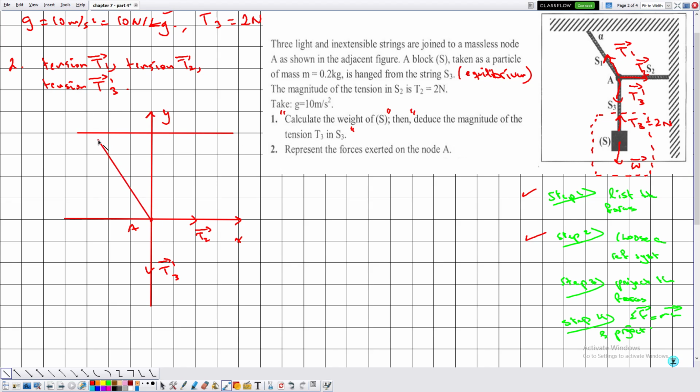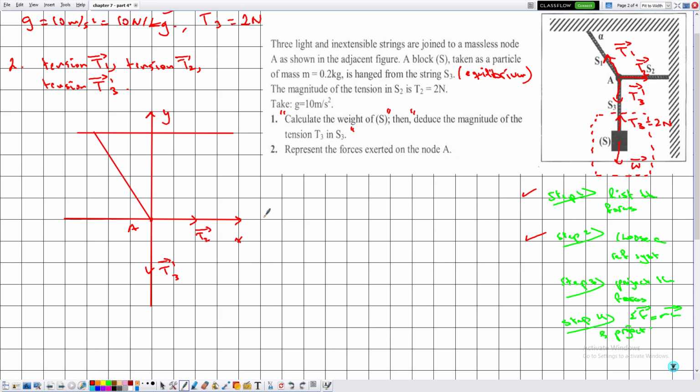This is the string, and here we have the angle alpha, and this is the tension T1. Okay, and we know that the value of T2 is given by 2 newtons, the value of T prime 3. Okay, let's keep it. Okay, so these are the forces.